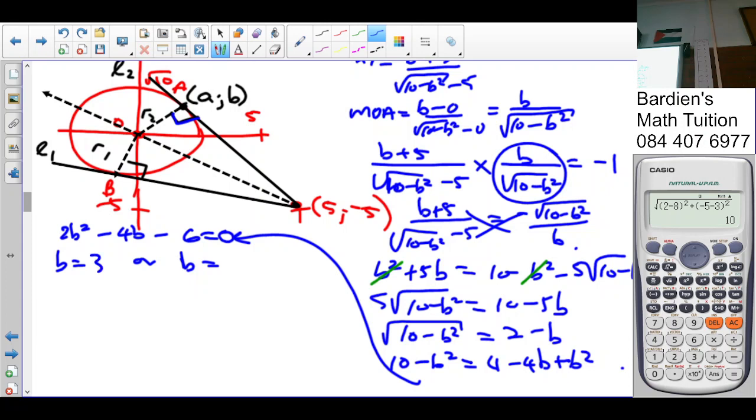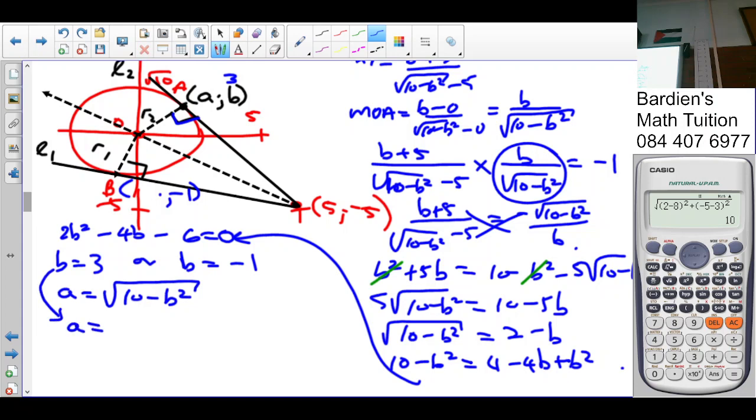3 and negative 1. Yes, which makes sense basically. 3 would be here, negative 1 would be here. Okay, the corresponding A value. So A is equal to the square root of 10 minus B squared. I'm going to go with the first one.